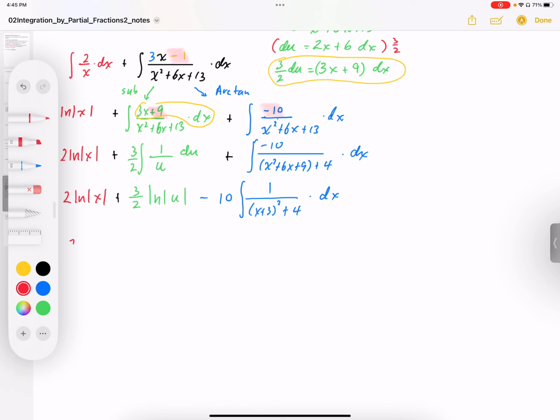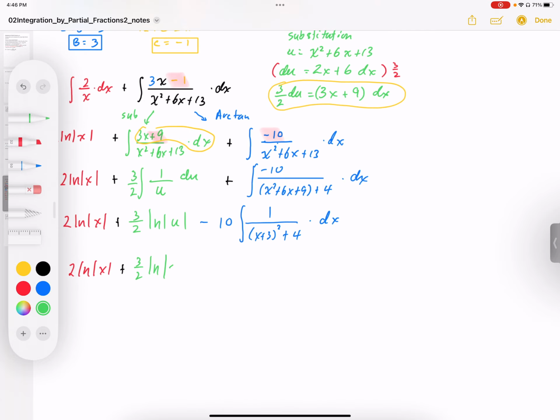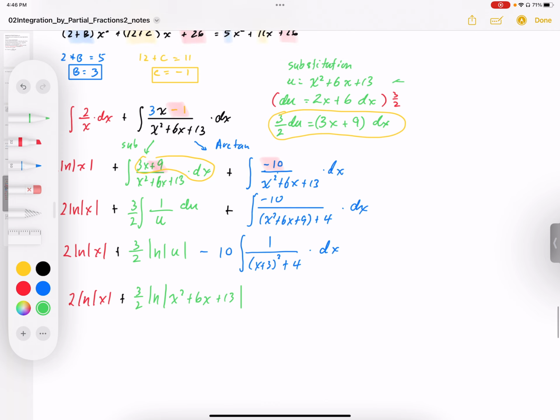So this becomes 2 log x, so we worked out this part a long time ago, plus 3 over 2 log, and I'm going to replace the u with x squared plus 6x plus 13, which is what I had defined my u as, minus 10.